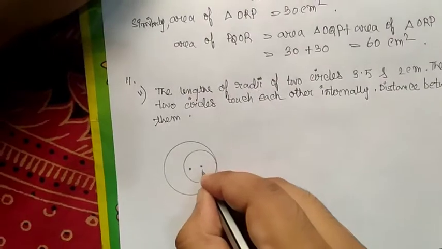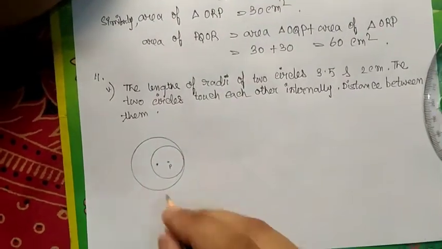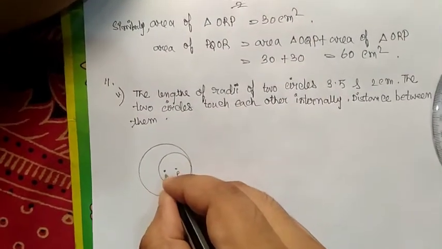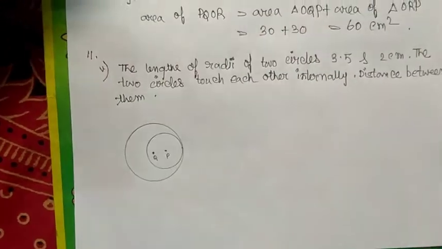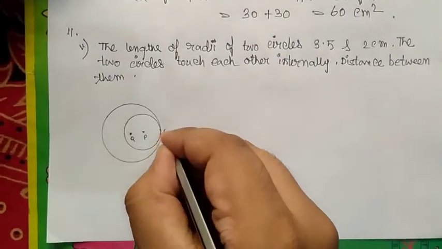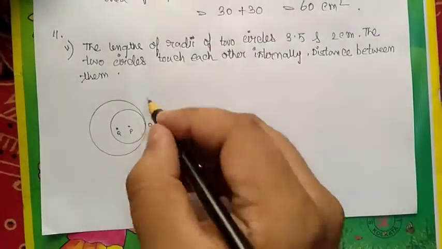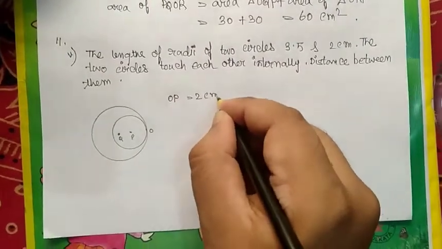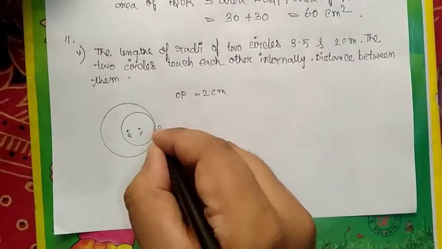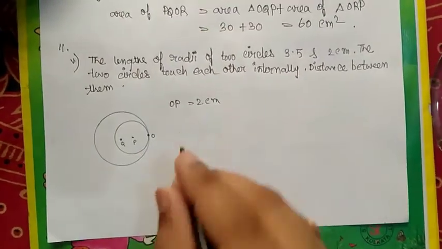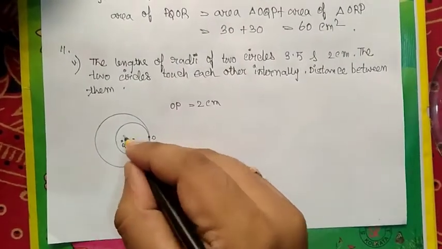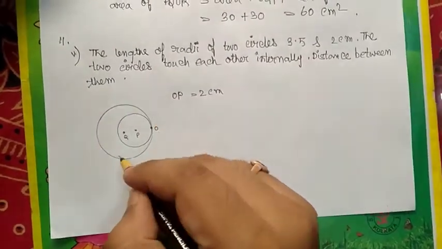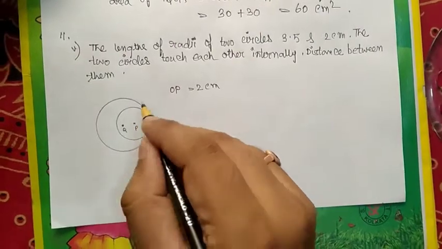So P is the center of the smaller circle and Q is the center of the larger circle, and this point is O. So therefore we know that OP equal to 2 centimeter. Why? P is the center of the smaller circle and O is a point on the perimeter also, and O is the intersection point where the two circles touch each other internally.